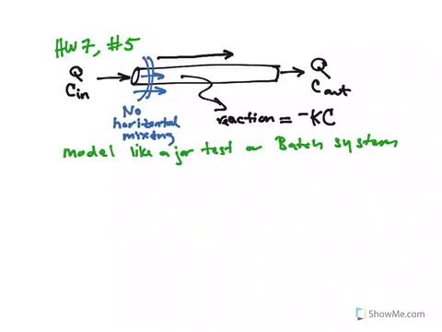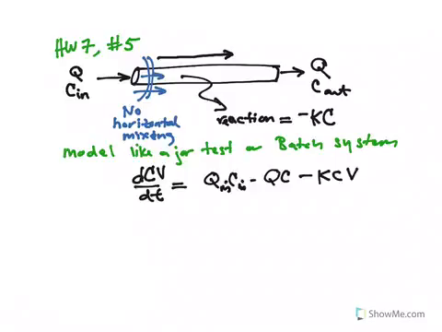And so for a first order reaction, that's like dC/dt is equal to QinCin minus QC minus KcV, but there's no flows in or out in this case because there's no dilution.